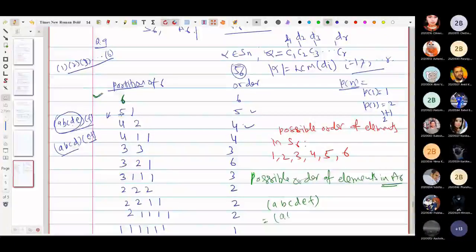You can pair up A F, A E, A D, A C, and A B. So how many? 1, 2, 3, 4, and 5.